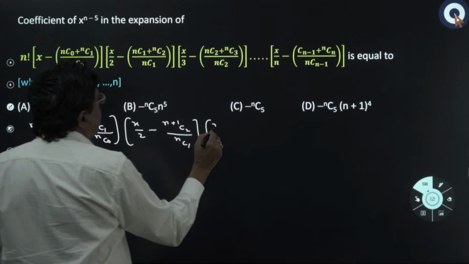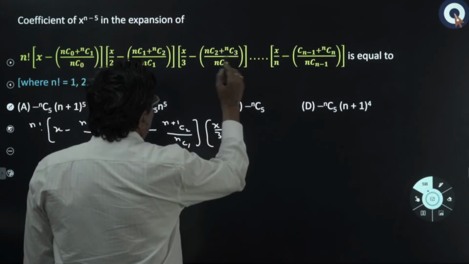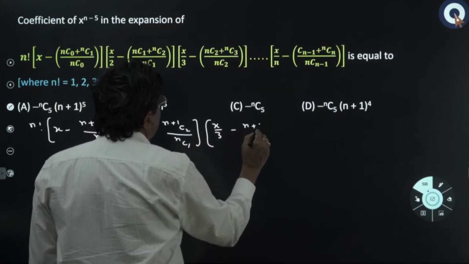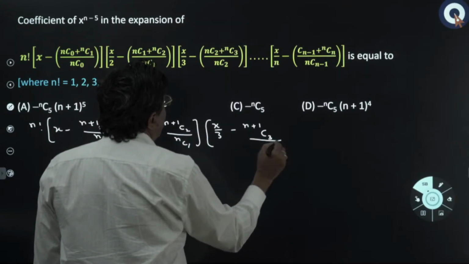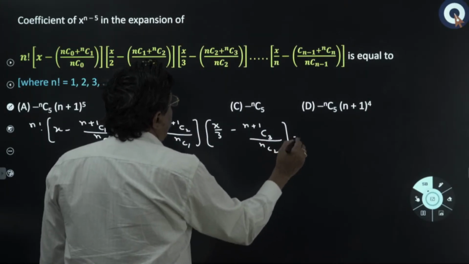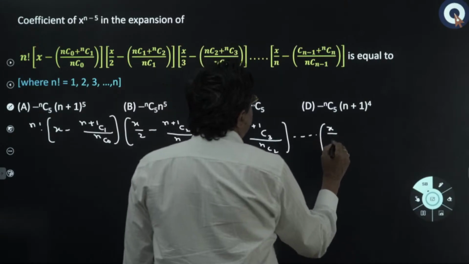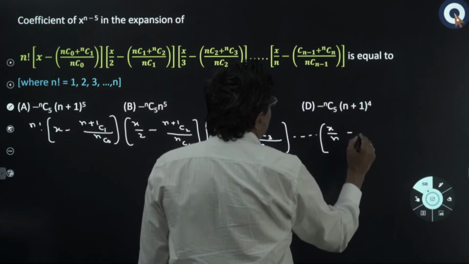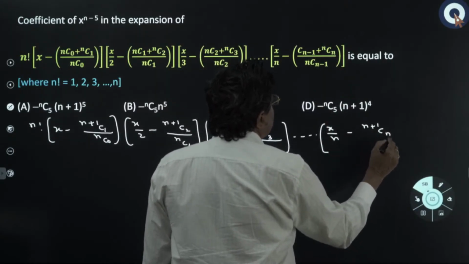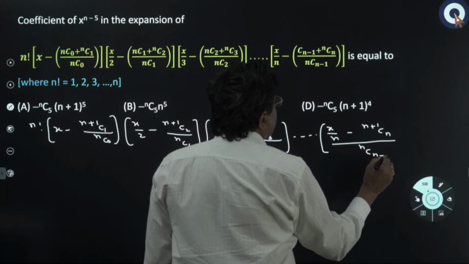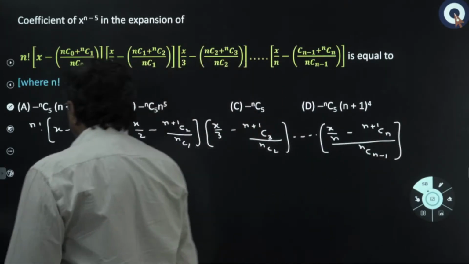So x by nC1, nCr plus nC r minus 1 by nC2 and so on, x by n minus nCr plus nC r minus 1, n plus 1 C r by nC n minus 1. This is what we get.